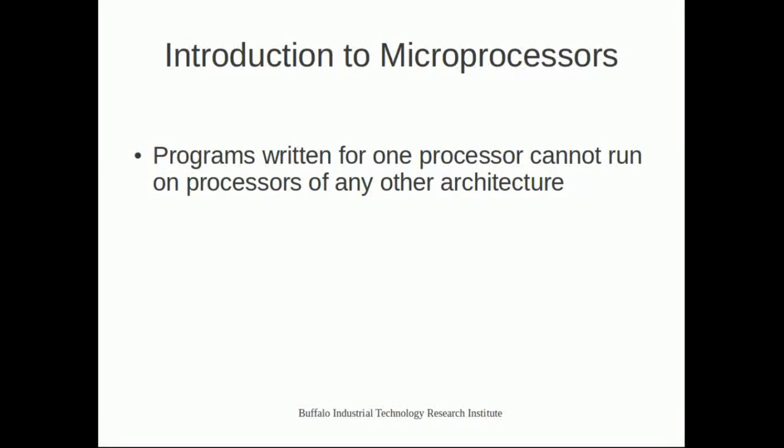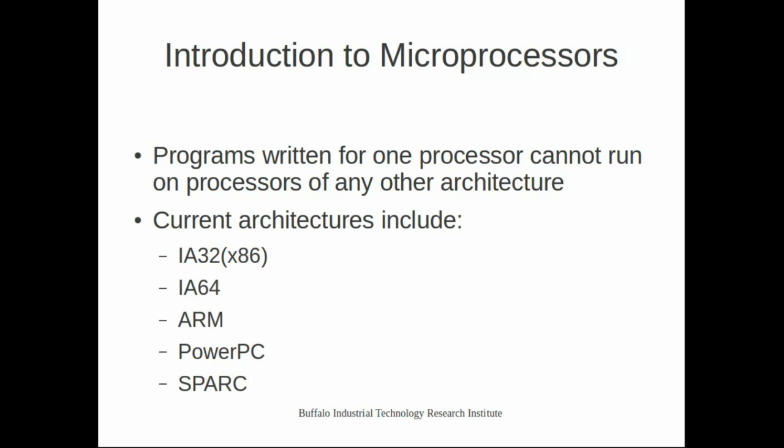Programs written for one processor cannot run on processors of any other architecture. Current architectures include Intel's IA32, which is also known as x86 architecture, IA64, ARM, PowerPC, and Spark.